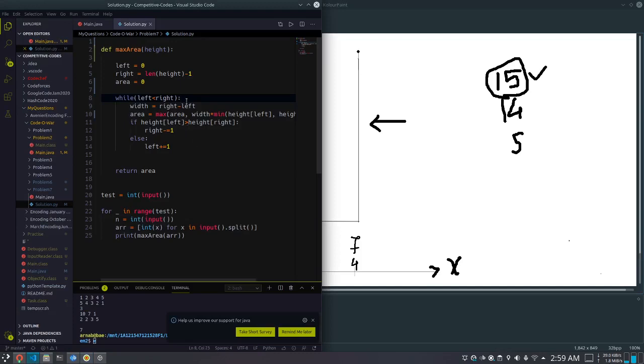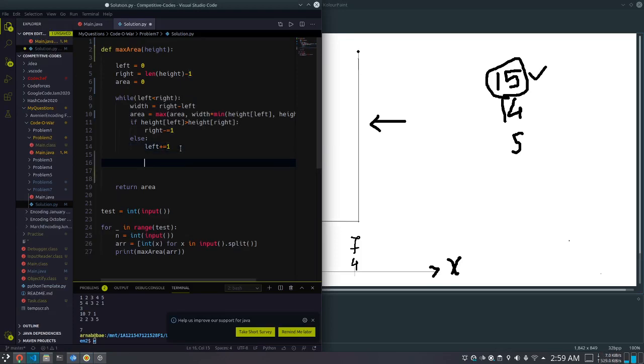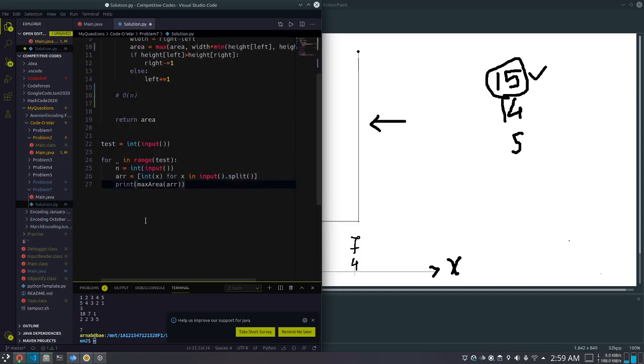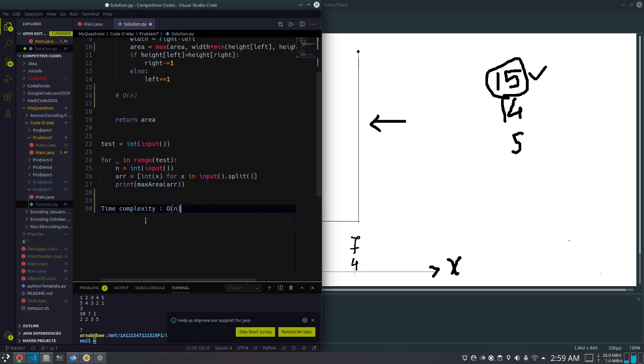So this whole operation is an O(n) operation. This takes O of n time, right? So our time complexity is nothing but O of n.